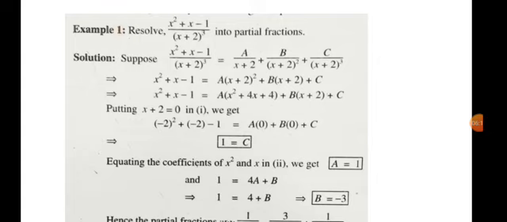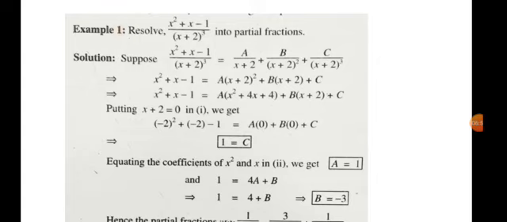Now we have no other linear factor that we can put equal to 0, so we are going to compare the coefficients of x square and x, because we need to find only two unknowns. That's why we are not going to compare all the coefficients from both sides of the equation.